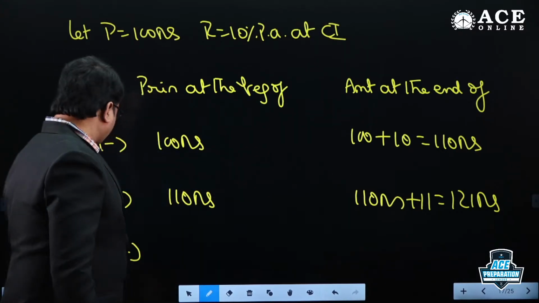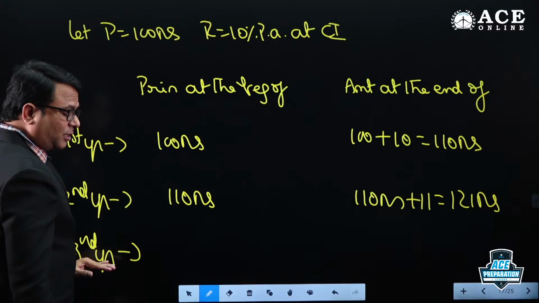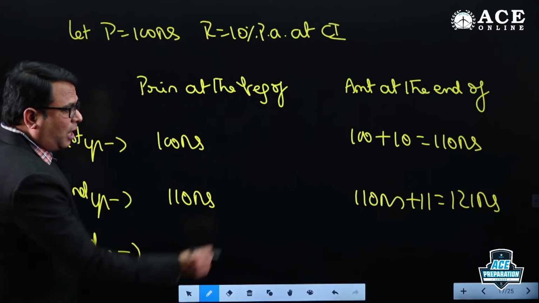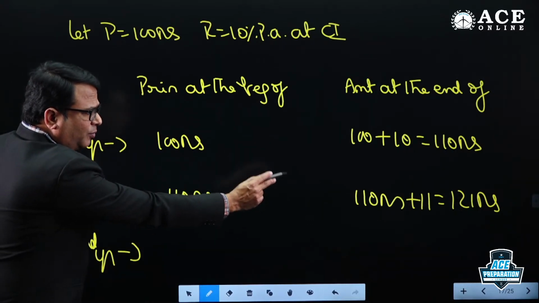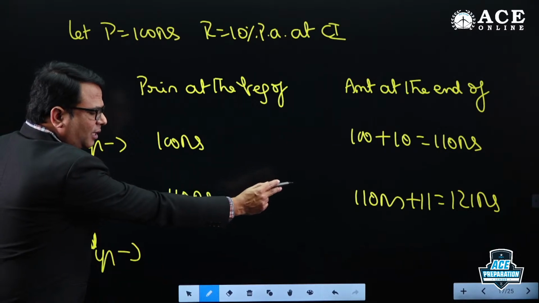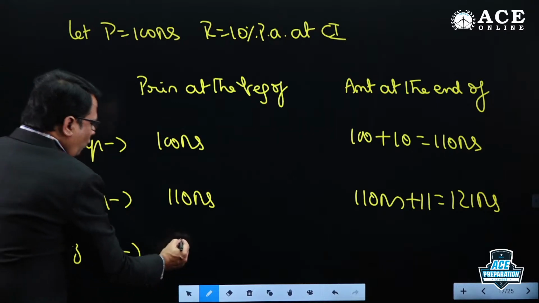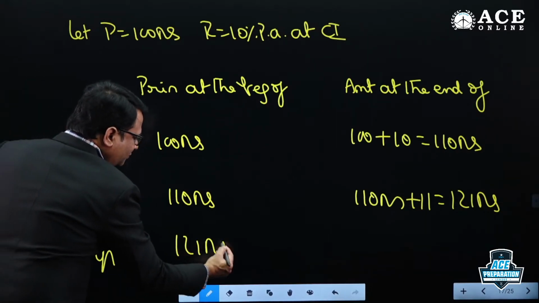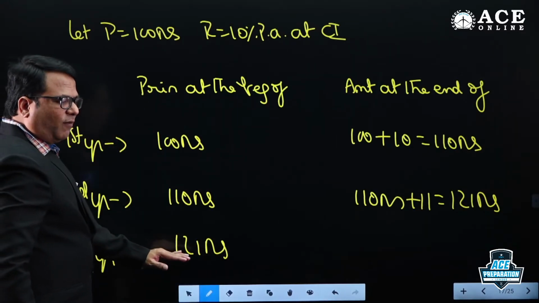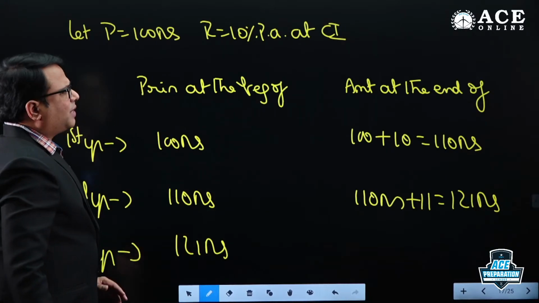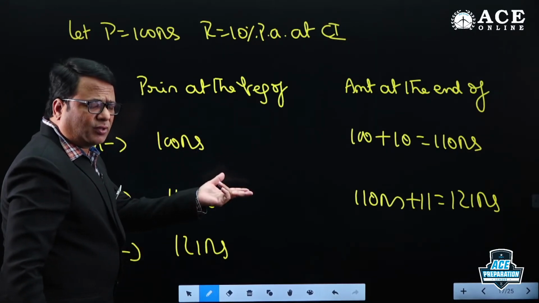Okay. Now, what is the principal at the beginning of the third year? The amount at the end of the second year will become the principal at the beginning of the third year. So 121 rupees. Then what is the amount at the end of the third year?